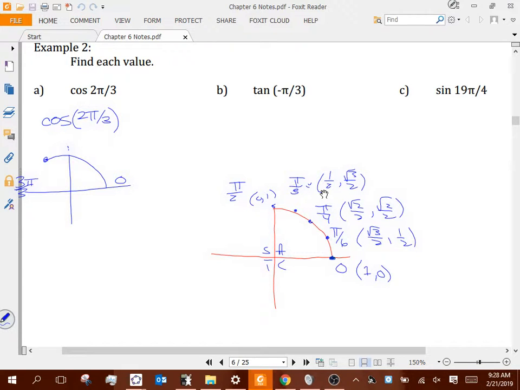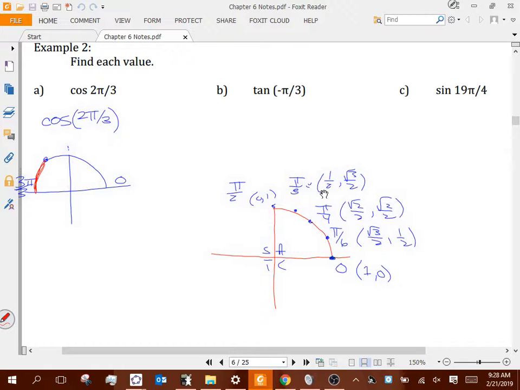Now the question is to find the reference angle, or reference distance. I'm talking about the arc length. It's that extra amount I need to go to get to the x-axis. If I terminated at 2 pi over 3, how much bigger of an angle or arc do I need to get to 3 pi over 3? Pi over 3.